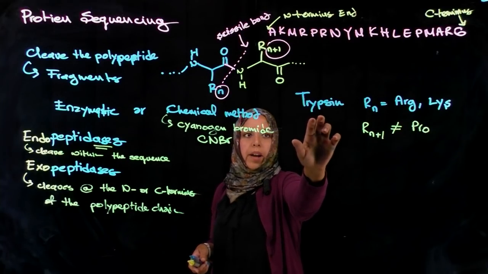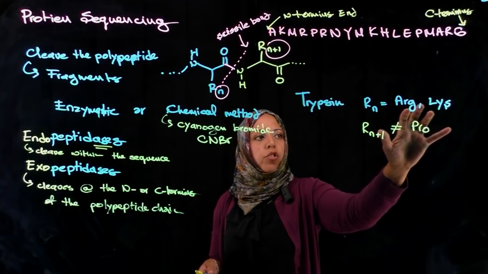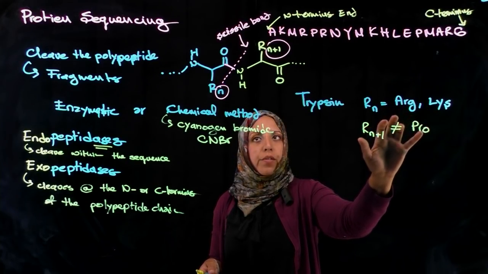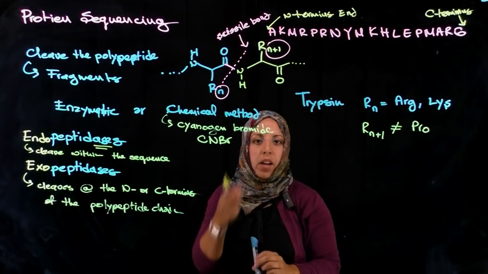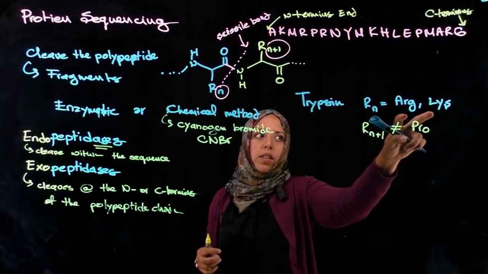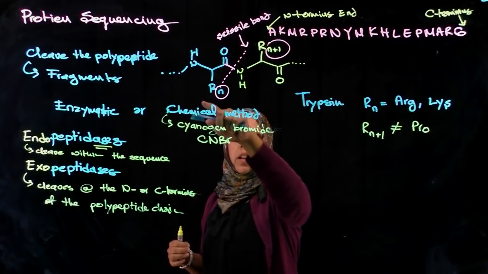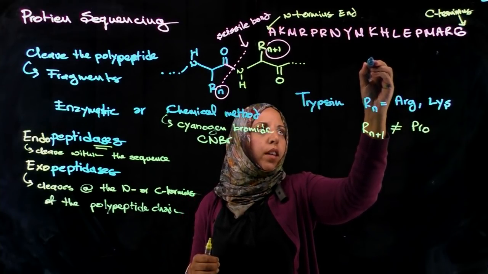And we'll actually talk about trypsin quite a bit. The reason that it recognizes specifically arginine and lysine, or cleaves after a positively charged residue, is that the pocket where those particular amino acids fit in trypsin has a negatively charged aspartic acid residue.